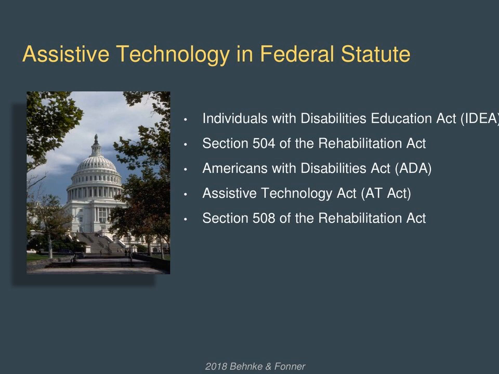It's also written in the Americans with Disabilities Act. We even have, and if you don't know, your Assistive Technology Act for your specific state and or territory. I would hope that you would know where the resources are in order to find them and to utilize the services that they have in each state and territory. And then also, of course, there's Section 508 of the Rehabilitation Act that talks about assistive technology as well.